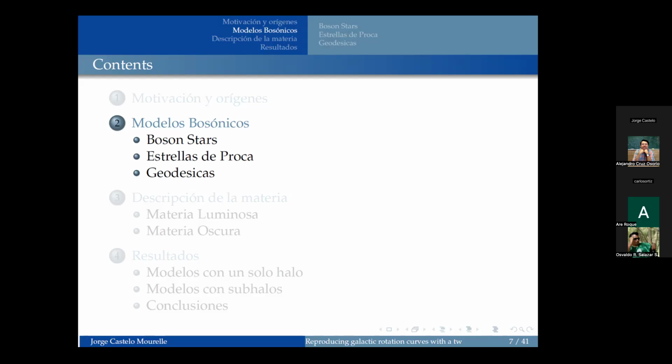The point is that people did these studies using static bosonic stars.